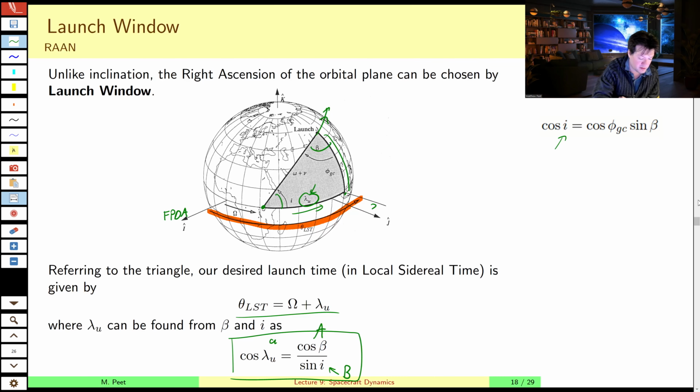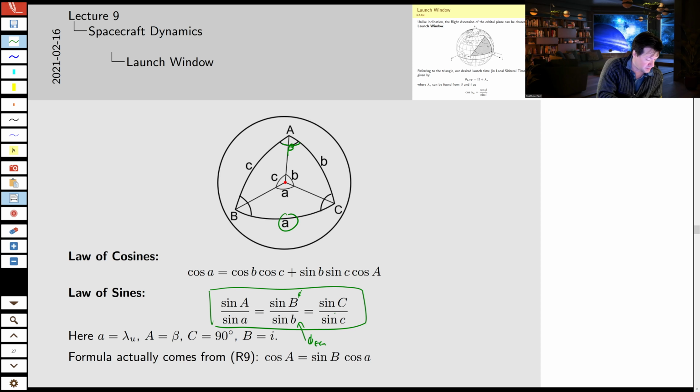So if we go back to this formula here, we've got A, B, and actually it looks like we're using Napier's rule.